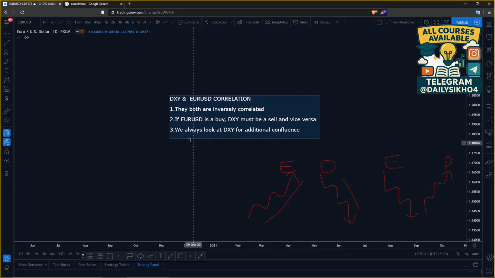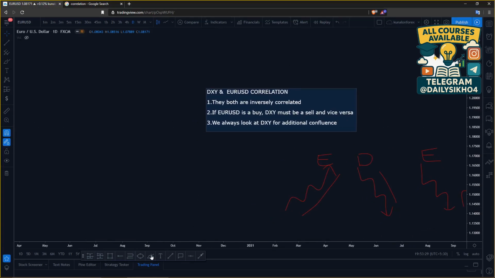That's what we covered. The third point says we always look at DXY for additional confluence, because sometimes there is structure, and the Euro USD structure got broken. Maybe on DXY there is this overall bearish structure, and it is about to break.